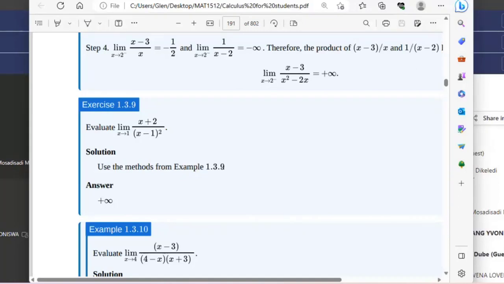Yes, sir. When we put -5 in the place of x in the denominator, we end up having a positive number, okay? But overall, the number that we get ends up being a negative number.